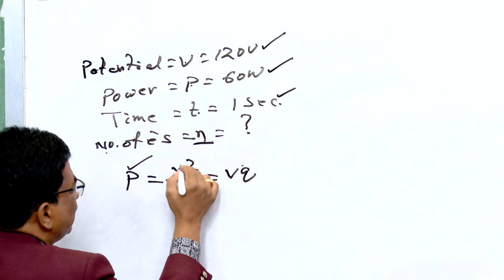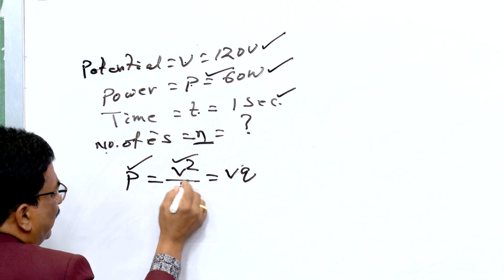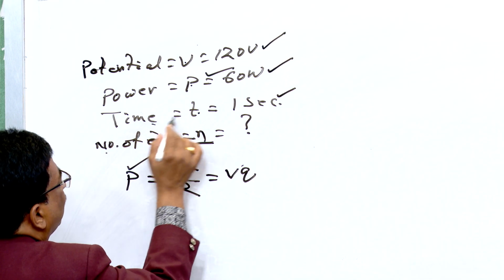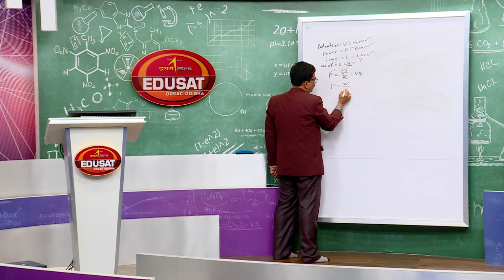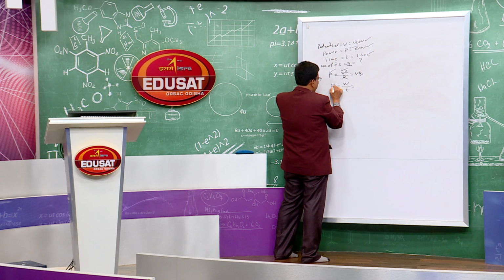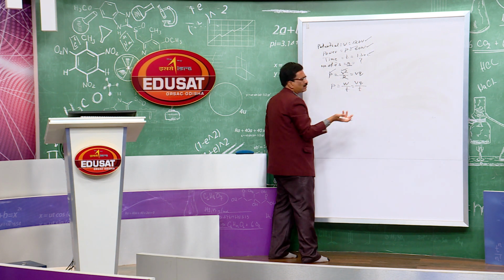If power is supplied and the potential V is there, the resistance is not required, but here the time T is asked. So P is equal to W by T, and W is equal to VQ. So P equals VQ by T.